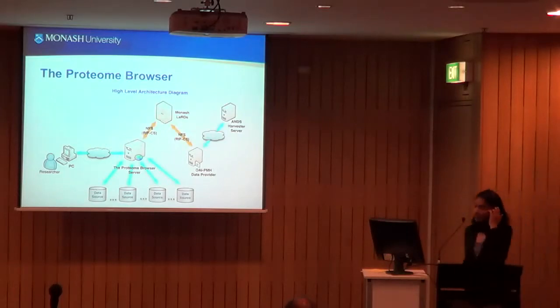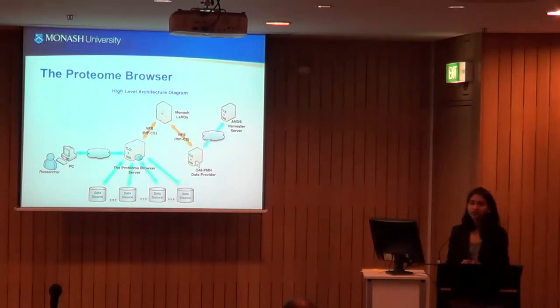Thanks, Jeff. Jeff has given you the research context for this project. Proteomics researchers worldwide use something called a transproteomic pipeline. They put their raw data into worldwide databases like Tranche and Pride.